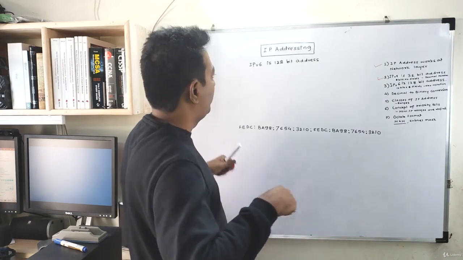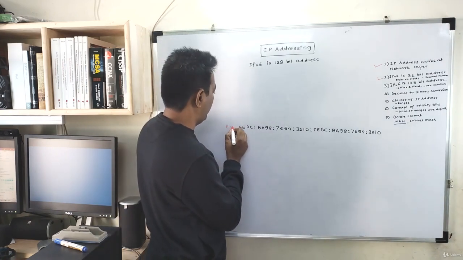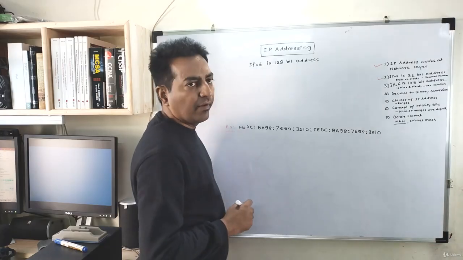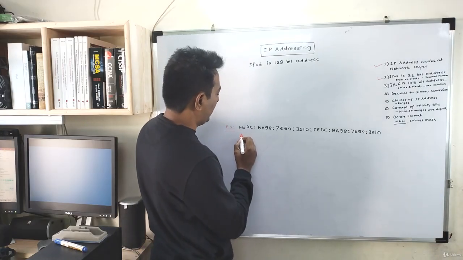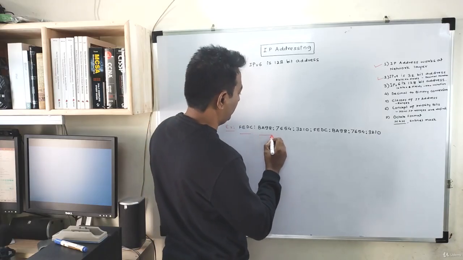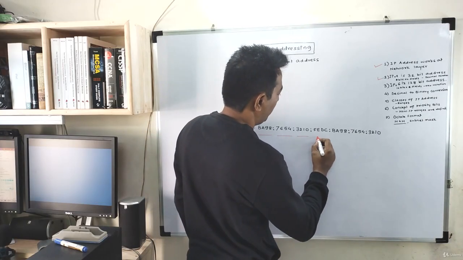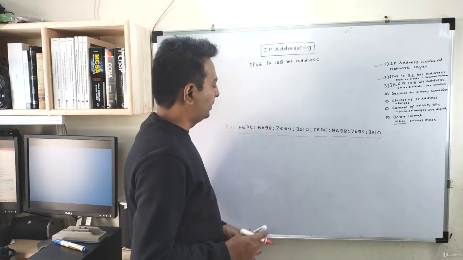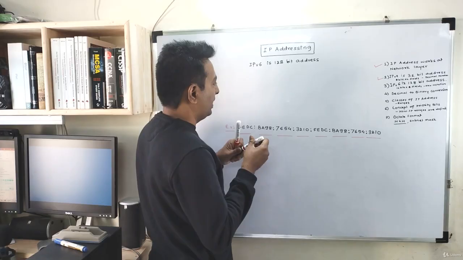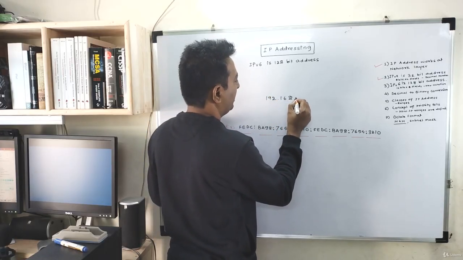Okay, so I have written an example of an IPv6 address. If you count the number of fields, it is 1, 2, 3, 4, 5, 6, 7 and 8. In the case of the IPv4 address, it was like this, right?